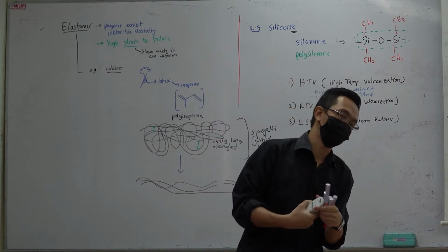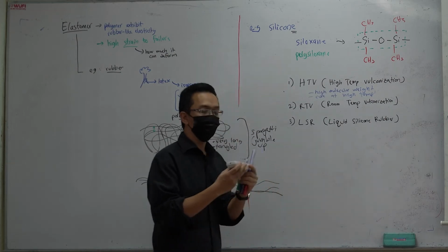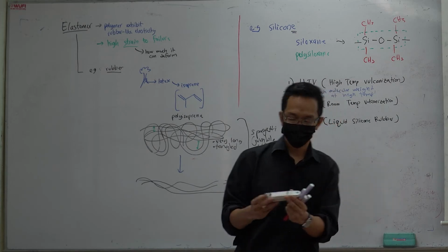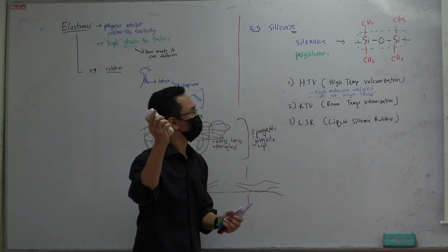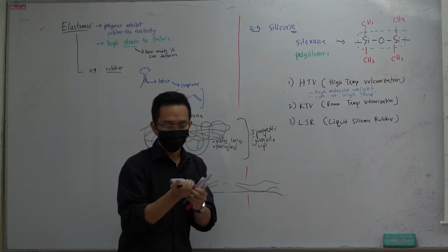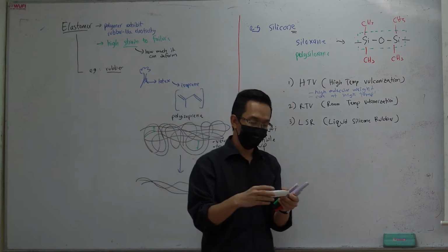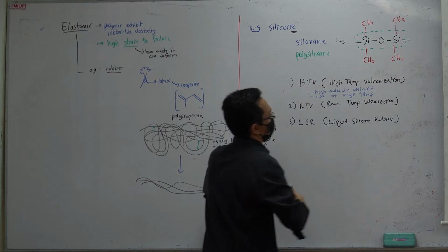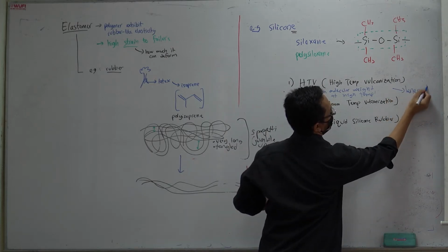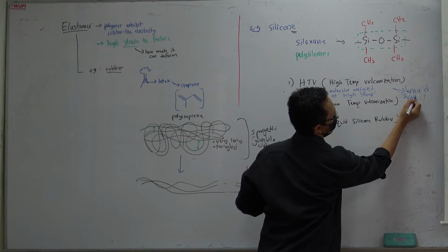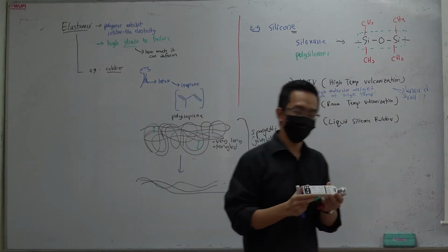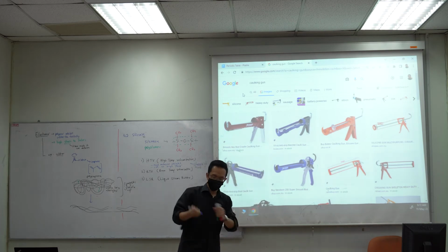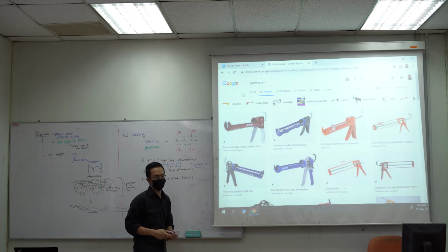You can still play around with that. So in order to make it usable, they take this paste of HTV silicone, add some coloring if they want to color, and then knead or roll it. It's like when you make bread, you need to knead it so that it combines with whatever color you add.